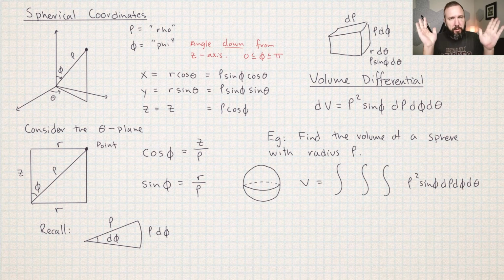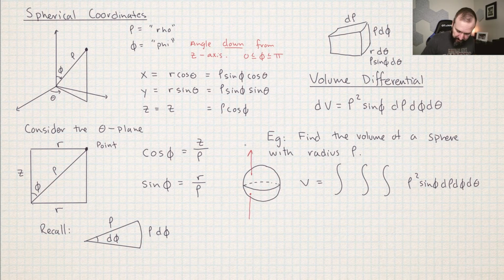I got to start off with the most basic example so we can just make sense of this. And this is also an explanation as to why we really need spherical coordinates. Let's try to use our laser beam method to find the volume of this in rectangular coordinates, and you're immediately stuck, right? There is just no way that you can draw a laser beam that it doesn't enter and exit at the same surface.